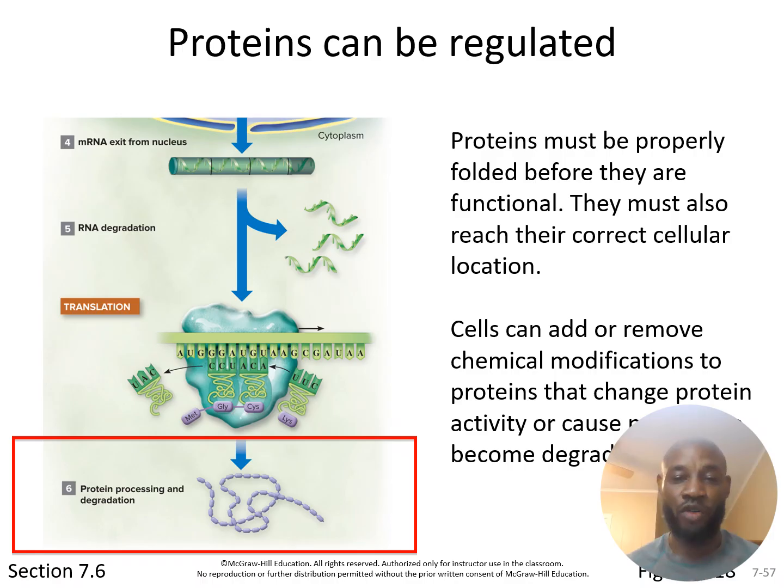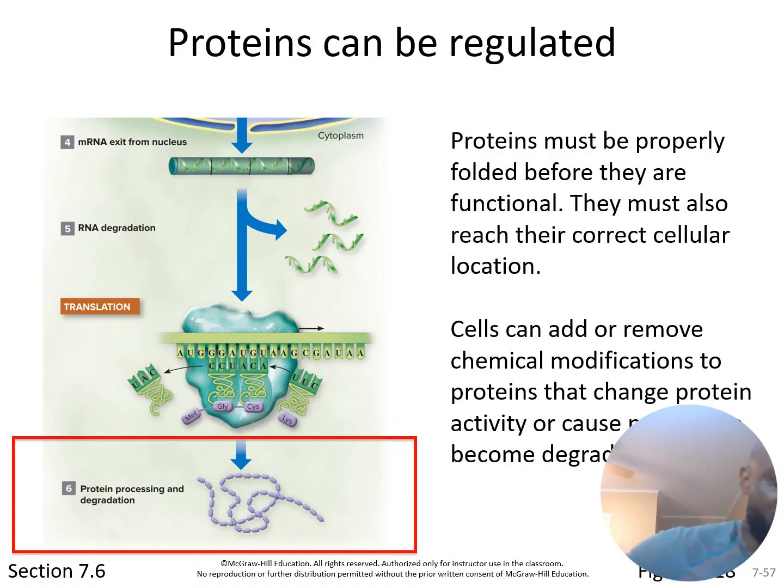Proteins must be properly folded before they are functional. They must also reach their correct cellular location. So if a protein is not properly folded or modified, we can have regulation that way. For proteins, we talked about the body having a specific pH and temperature, because if it doesn't, things would denature in the body.